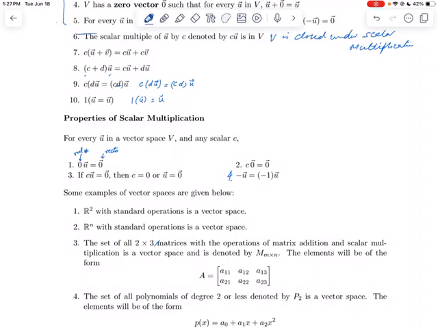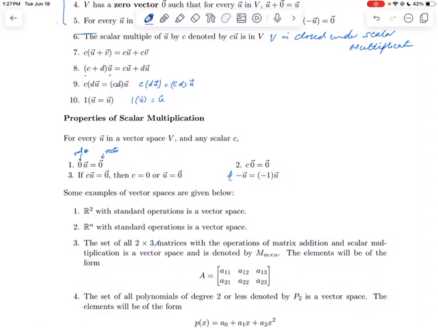What you could expect is that you might be asked to check if some property fails. You have to see if the given set is a vector space or not. When you are checking, if one of those 10 axioms fails, then the set is not a vector space.